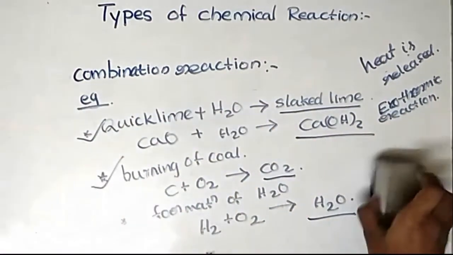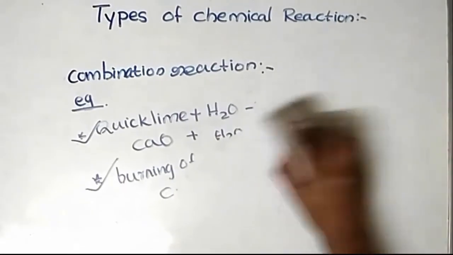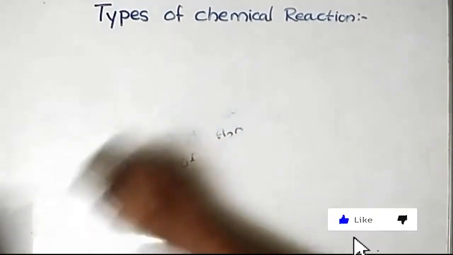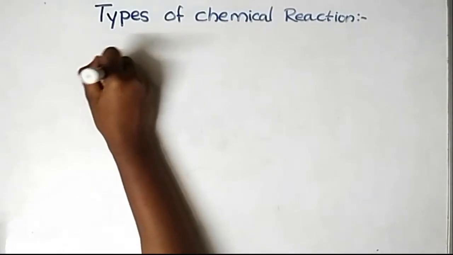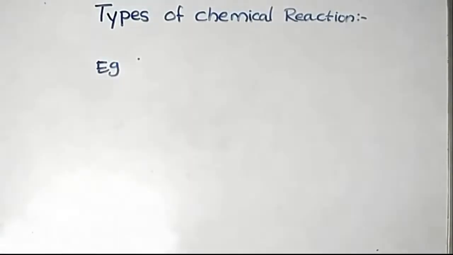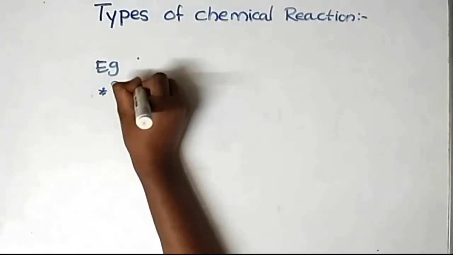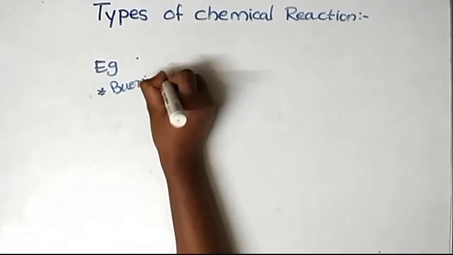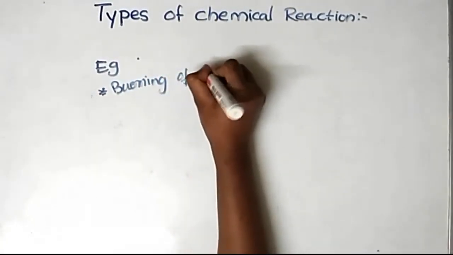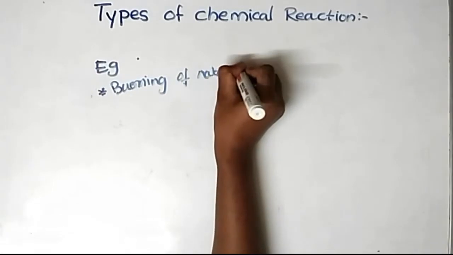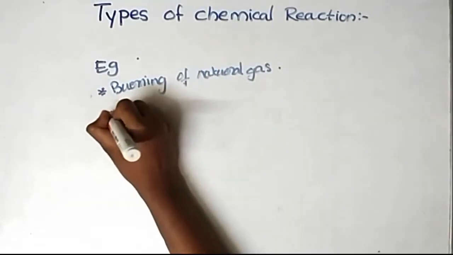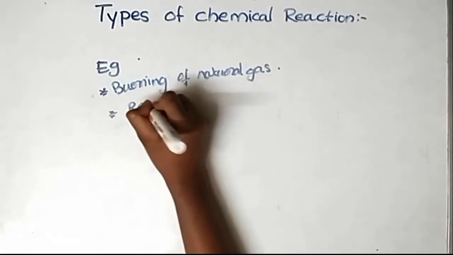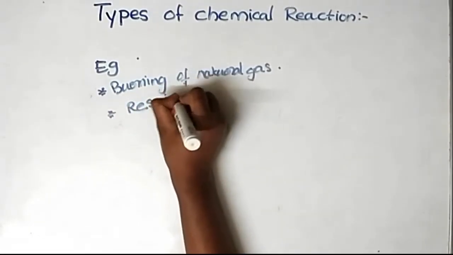Now we will discuss some examples of exothermic reactions. The examples of exothermic reactions are burning of natural gas. The next example is respiration.